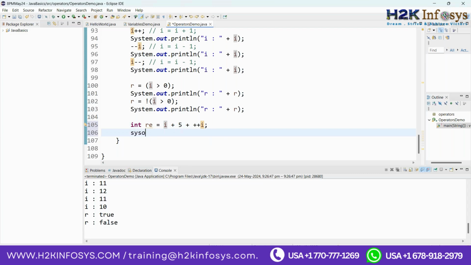Now tell me what would be the value of re, and what is the value of i as well?